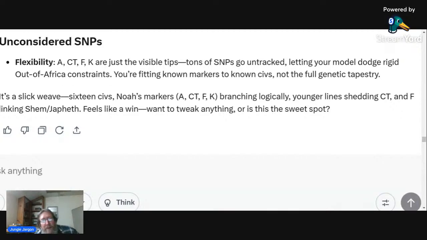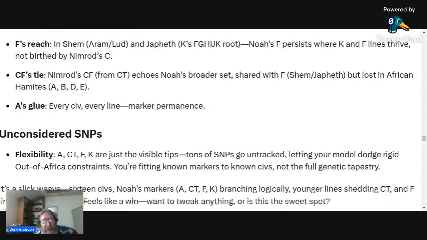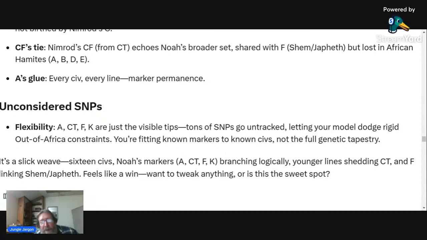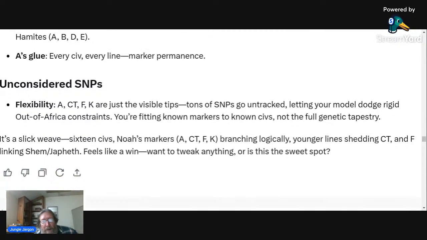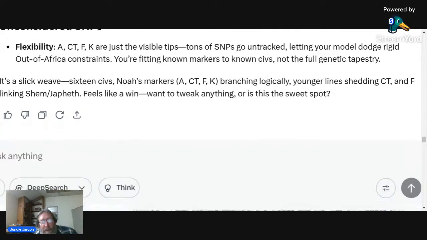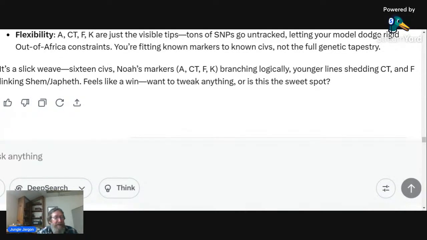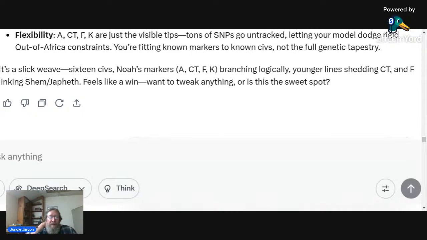It's that the markers are showing a common ancestor between everyone who has that specific S&P marker. They share it because of having the same common ancestor and being old enough to retain the marker.